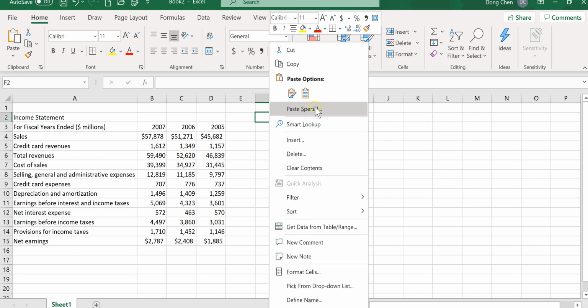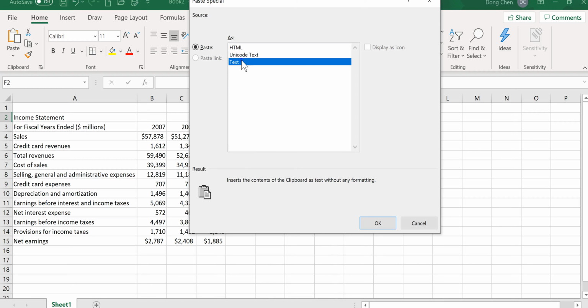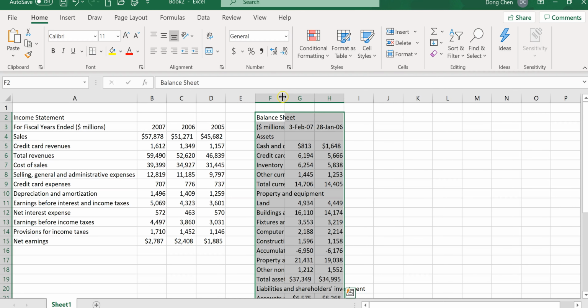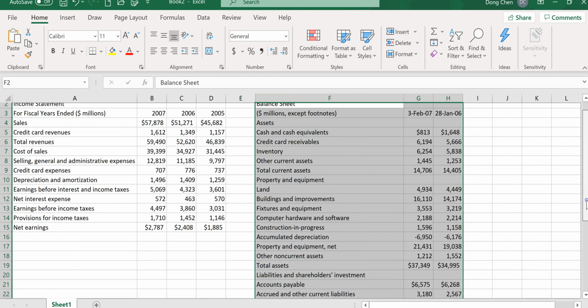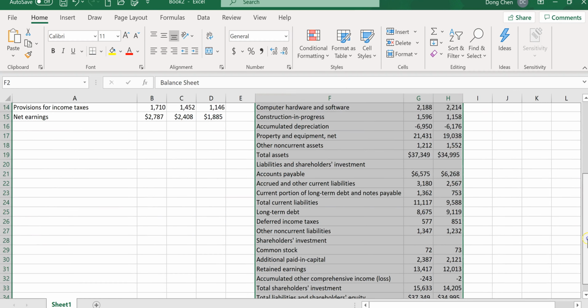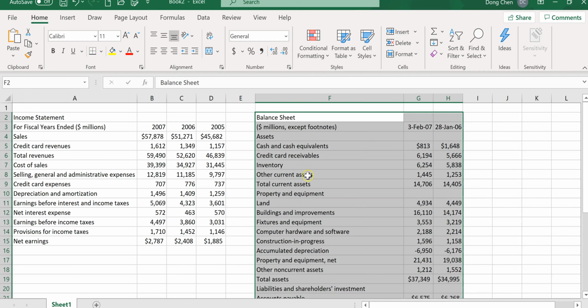Again, paste special and use the text rather than HTML. Otherwise, every number is going to be in one single row. Okay, so now we have pretty much the information copied.